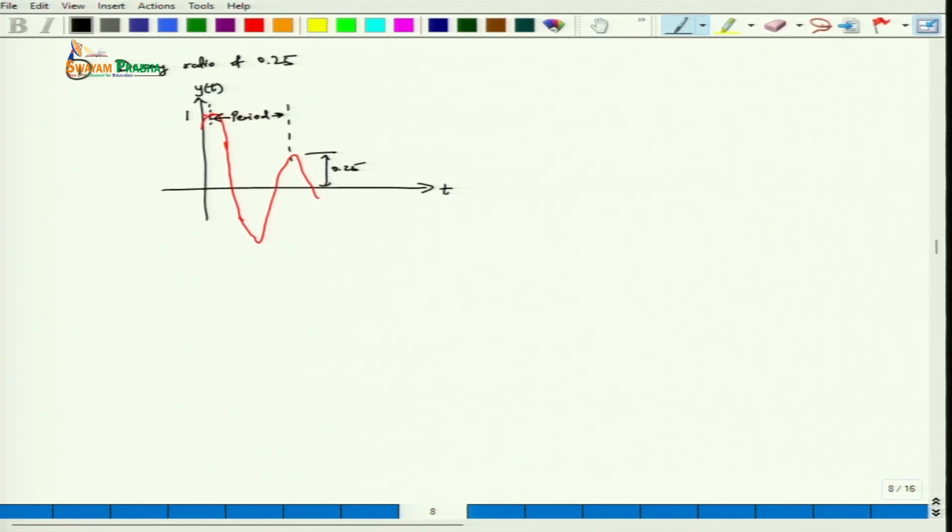So, this is the objective they wanted to achieve.